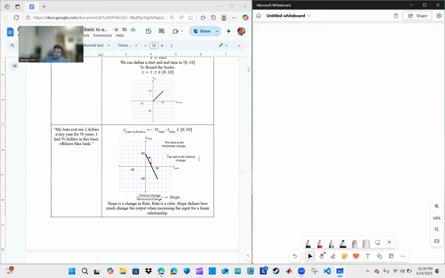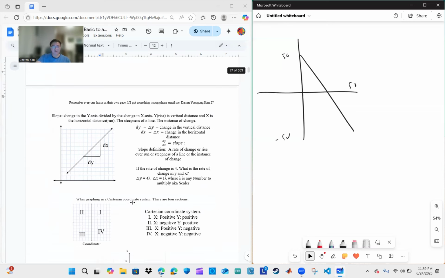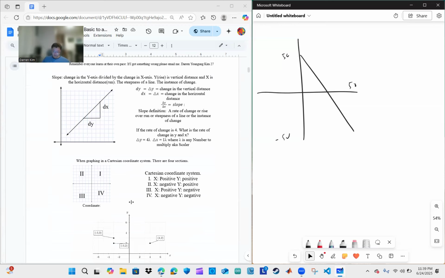So basically you have 50 bucks and for every year, how do you lose $100 in 50 years? Because 2 times 50 is 100, so you lose $100. And then the rate of change.